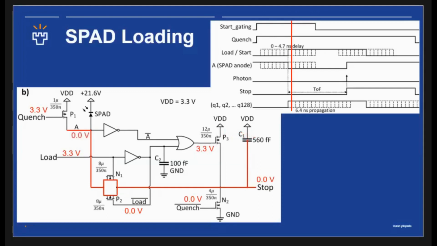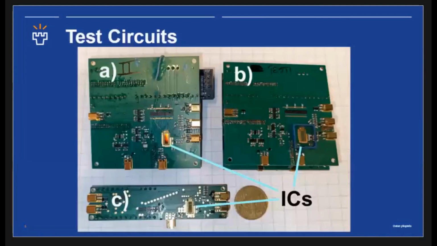This prepares the SPAD to detect a photon without the need to lower the load signal, and this is why the Geiger mode is achieved in under 150 picoseconds. When the SPAD detects a photon, the anode and stop signal go high with the assistance of transistor P3. After quenching, everything starts again.